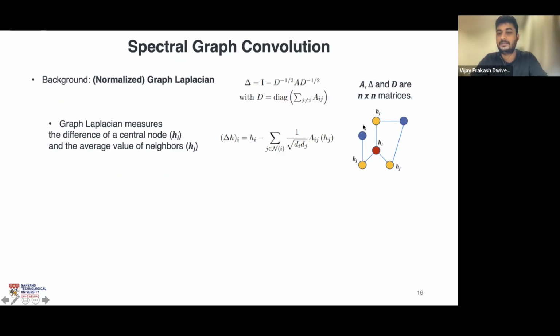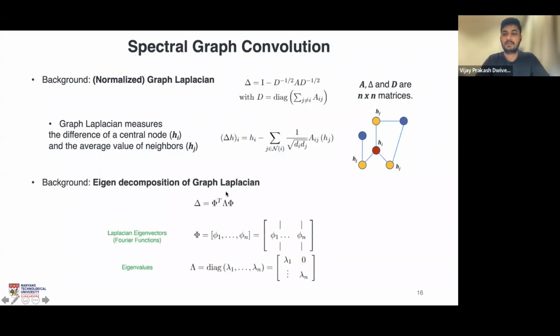As an interpretation, take a graph with a central node in red and its neighbors denoted in yellow. If we take the Laplacian of the information at a particular node, it provides the difference between the information at this central node and the average value of the neighbors. So this is what the graph Laplacian says: a difference of the central node information with the average of its neighbor node information.